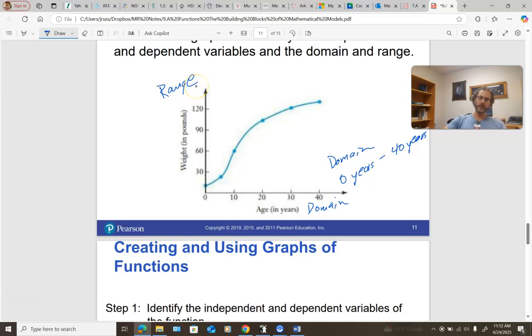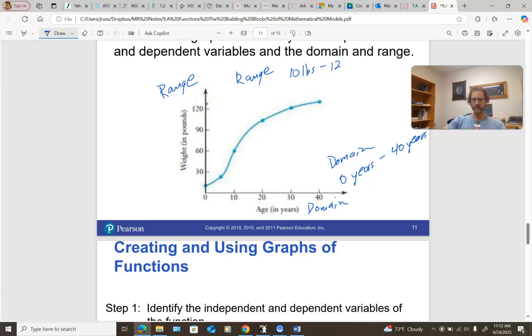And then the range would be the range of those weights. Okay, so when you're born at 0 years, let's say this is about, it's hard to tell what this is, but let's say this is 10 pounds. Okay, so this is a big baby. So you start out at 10 pounds, and then as you grow all the way up here to, let's say, 40 years, you end up weighing about, we'll call that 125 pounds.